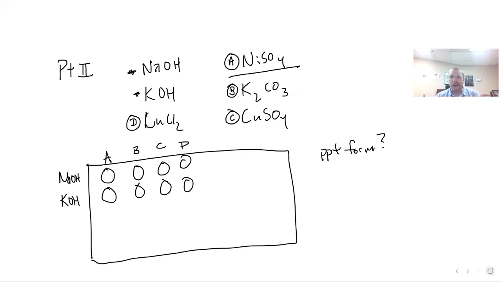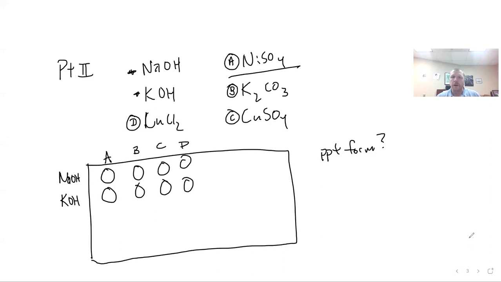So essentially what we're looking at is a molecular reaction, an ionic reaction, and a net ionic reaction. Now I'm going to do basically a rundown of what's on page 117, because what we're looking for is, does a solid form here, here, here, here? And we're trying to find out what that solid is.